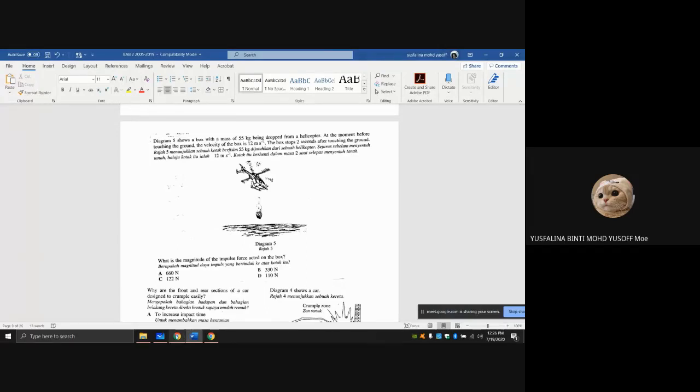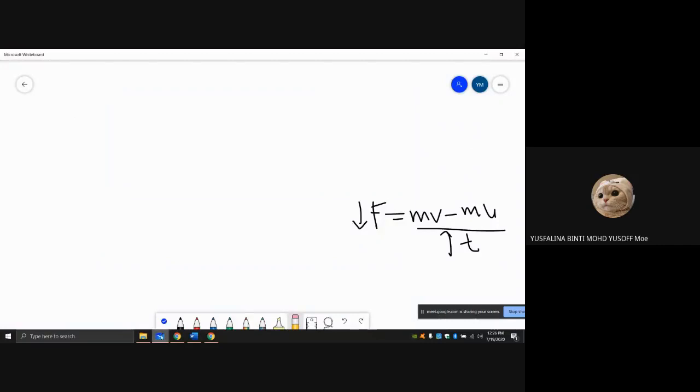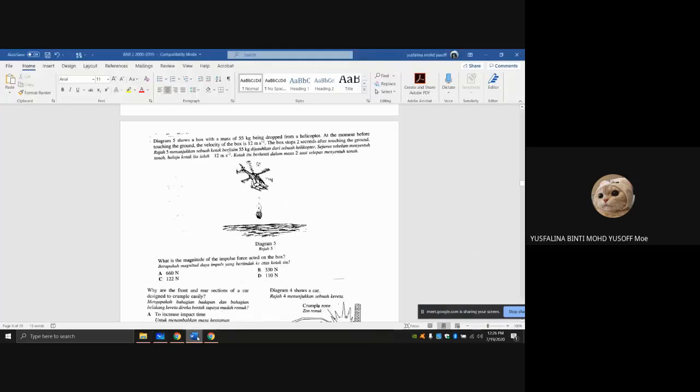Okay, let's try. B. So you have to find the F here. The mass is 55, and then the velocity before touching the ground. So this is v, and u means 0.